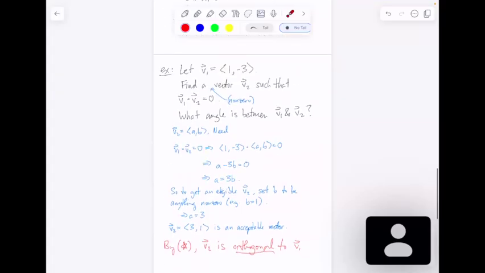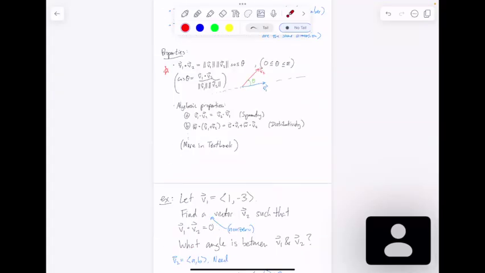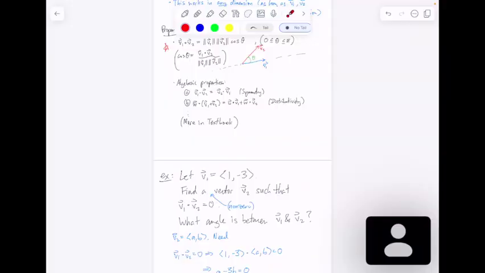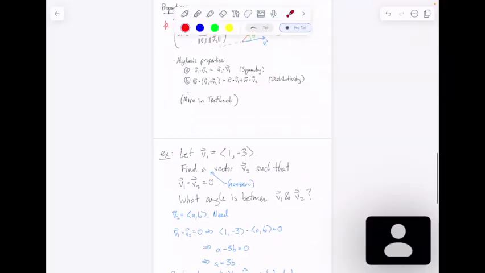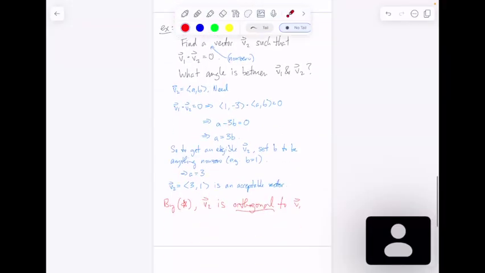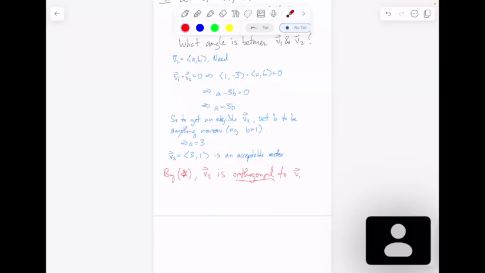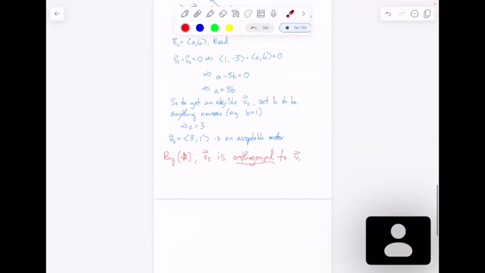So we have this example in 2 dimensions that tells you that if the dot product of non-vanishing vectors is 0, then it must be the case that they're orthogonal to each other. So the dot product really is a test of orthogonality, whether or not you form 90 degrees.